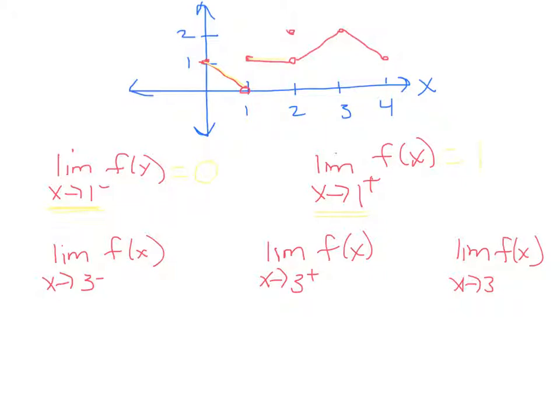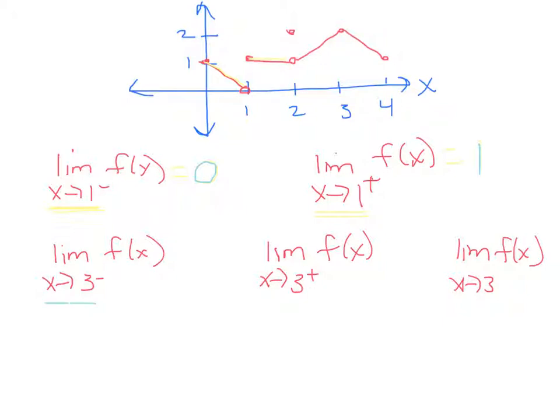Well, 0 and 1 are not the same number. The fact that I'm coming in from the left-hand side and getting 0 for an answer, and coming in from the right-hand side and getting 1 for an answer, means that I don't have the same limit from left and right. And if I don't have the same limit from the left and the right, then the limit at 1 doesn't exist. It exists just in one direction, left or right of 1, but not at 1.